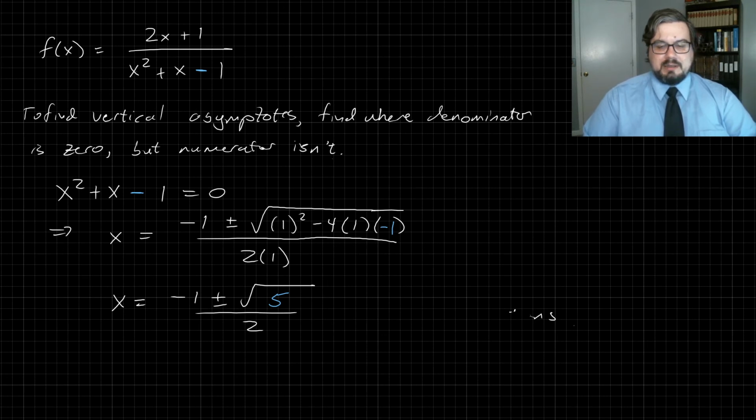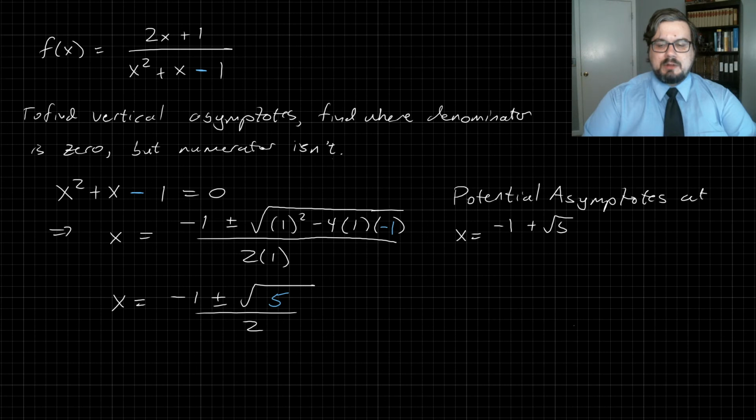So we get negative 1 plus or minus the square root of 5 over 2. Now, this means that we have potential asymptotes at x equals negative 1 plus the square root of 5 over 2 and x equals negative 1 minus the square root of 5 over 2.